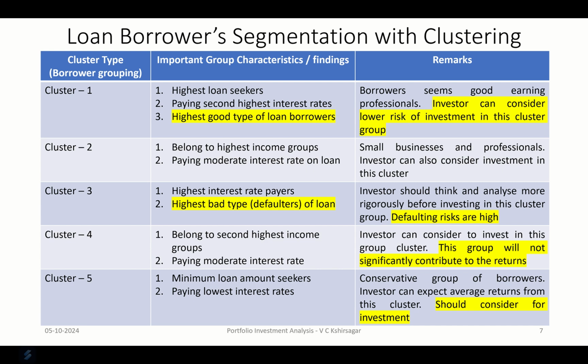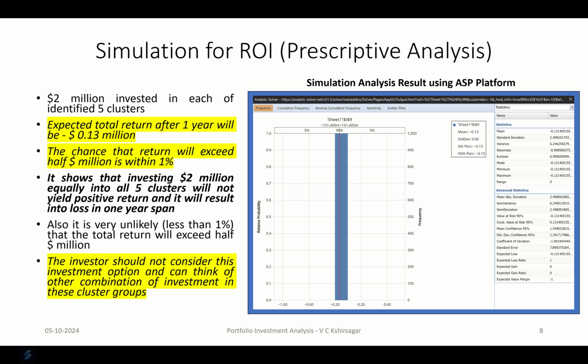It is recommended that the investor should focus more to invest in cluster 1, cluster 2 and cluster 4 groups, as these clusters are most favorable to provide maximum return on investment to the investors. And the investor must also understand that they must avoid spending their fund allocation to cluster number 3 and cluster number 4.